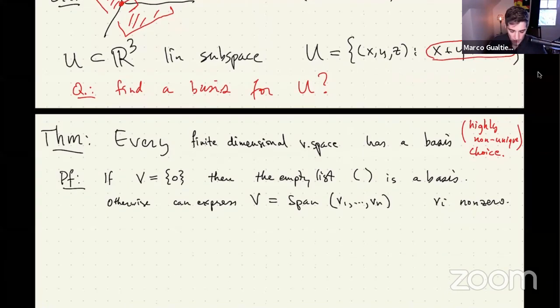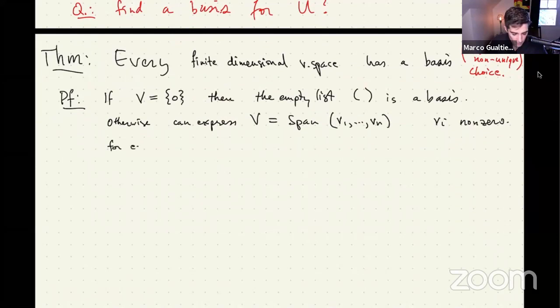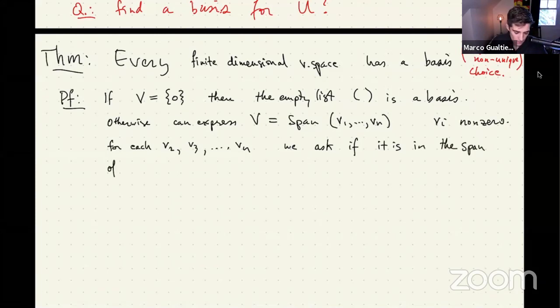Okay, and then for each of v2, v3, and so on up to vn, what we could ask is whether it is in the span of the previous vectors. If so, just remove it.